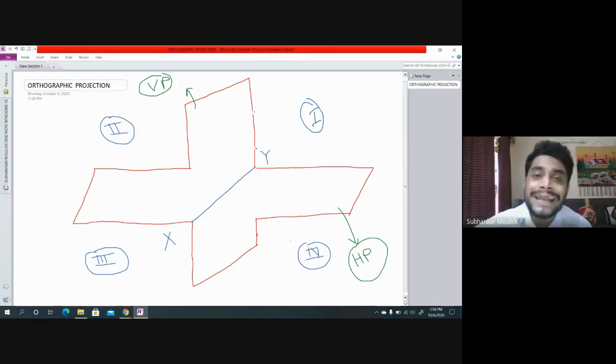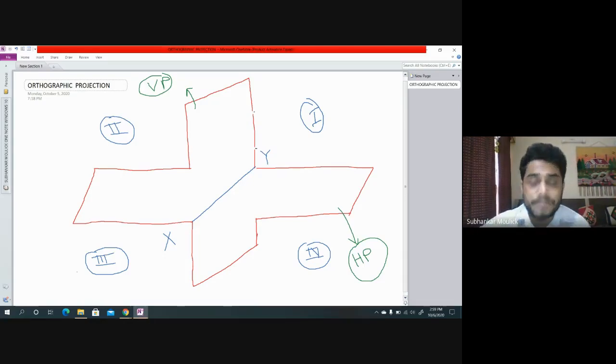The second way of defining is, if an object is placed in the first quadrant, you will say that you are solving the problem in the first angle projection method. If any object is placed in the second quadrant and you want to get the front view, top view and side view, you will say that you are solving the problem in the second angle projection method. If any object is placed in the third quadrant, you say that you are solving the problem in the third angle projection method.